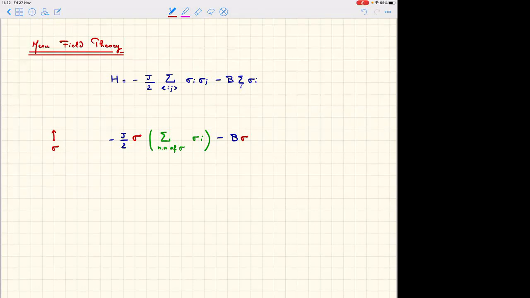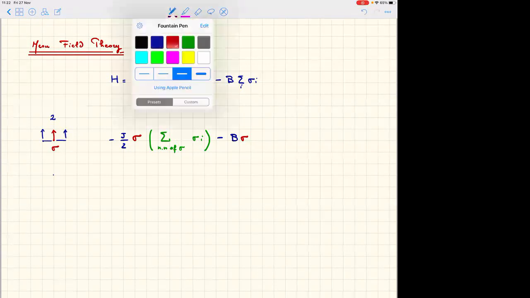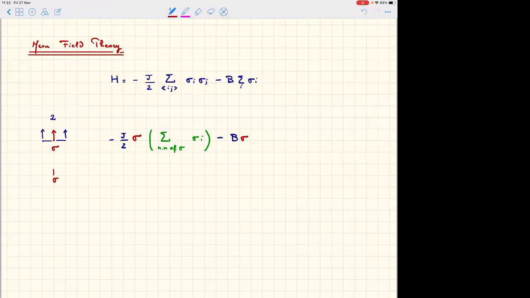Now, suppose that we consider this problem in increasing dimensions. So in 1 dimension, how many nearest neighbors has a site? 2, right? In 2 dimensions, if I have a square lattice, it is 4: 1, 2, 3, and 4, right?